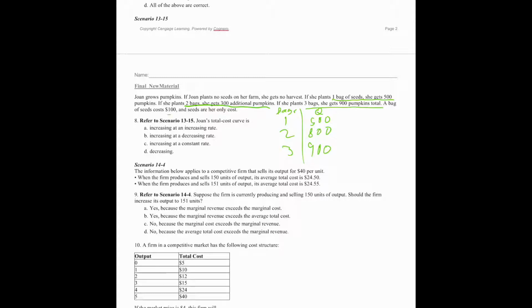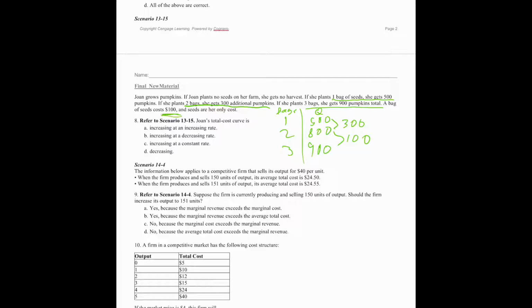Since all of the bags cost $100, we can just look and see that each bag is giving her less and less additionally, from 500 to 300 to 100. So then her total cost curve is, remember, the relationship between your costs and quantity produced.